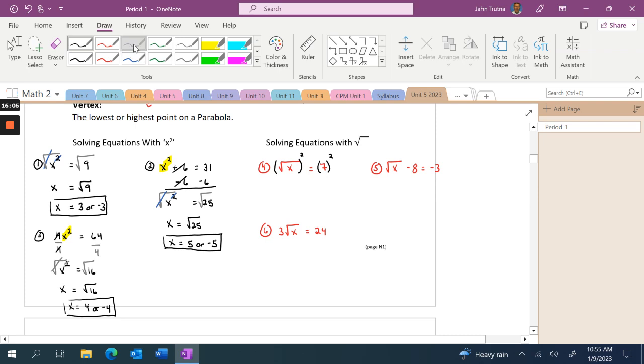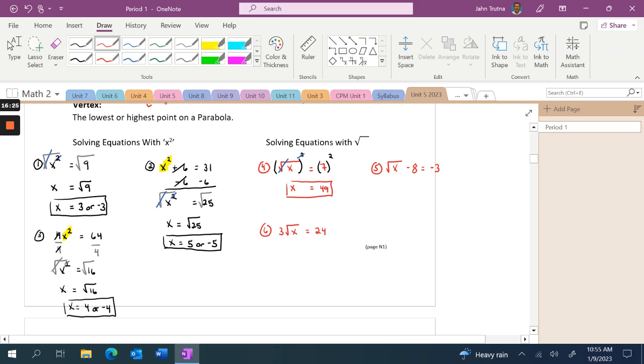And the reason why you do that is because, once again, the square root symbol cancels out the second power. And you can see when I do that, I'm left with x is equal to 49. 7 to the second power is 49. Okay, a little bit easier than the examples when you have an x squared in it.